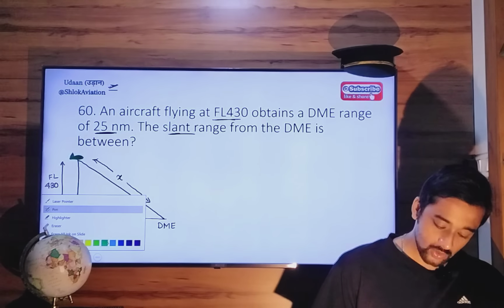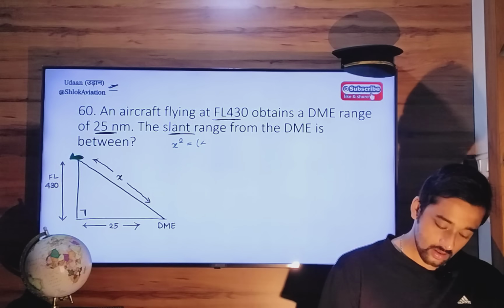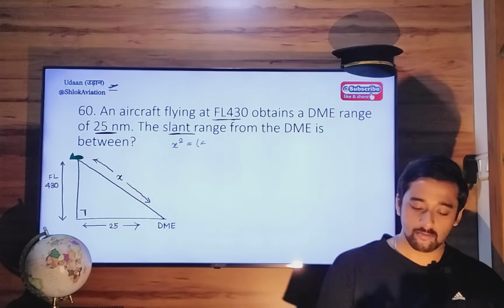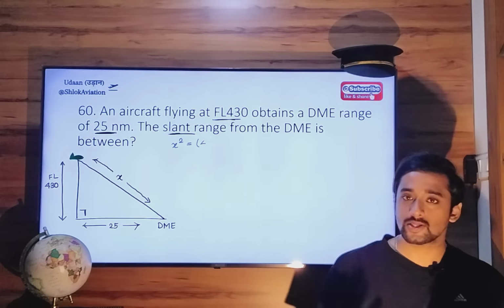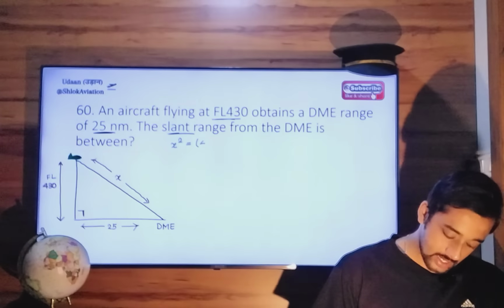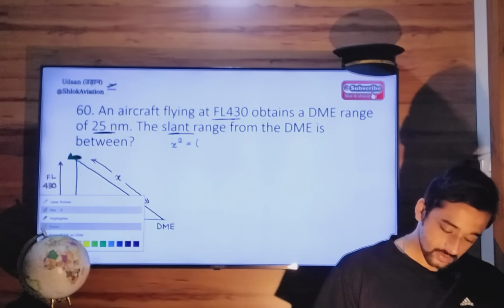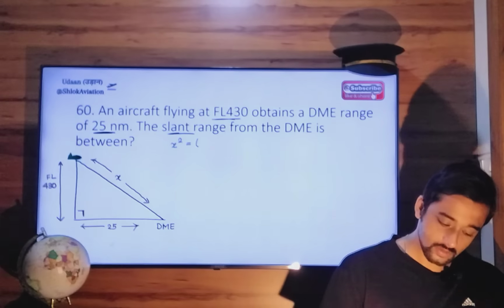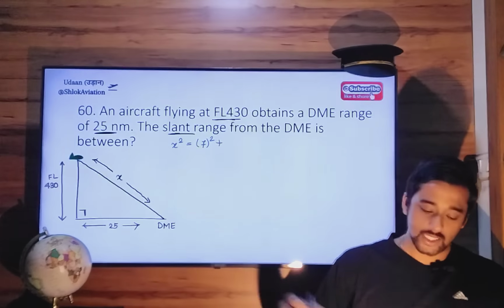So slant range will be equal to x squared. 43,000 feet is nothing but 43,000 divided by 6,000, which is 7 nautical miles. So just write here x squared is equal to 7 squared plus 25 squared.